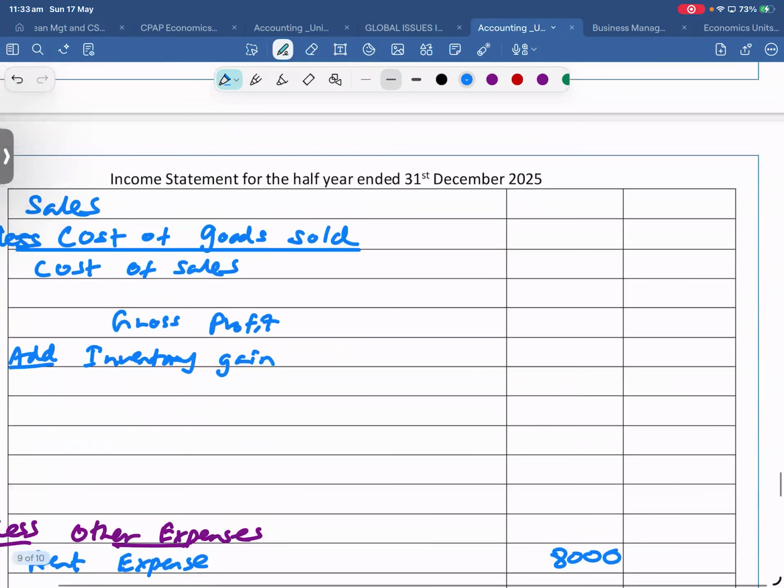Depreciation expense of premises, 500. Advertising expense 680.